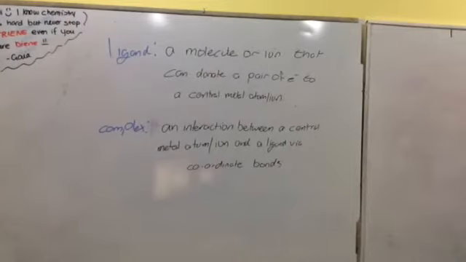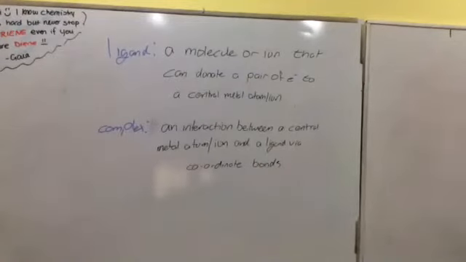Okay? But have you understood the concept of what a ligand is? So a ligand is something that gives electrons and a complex is the interaction between ligands and the central metal ion. Okay? If you give only one electron, it will not be a ligand.